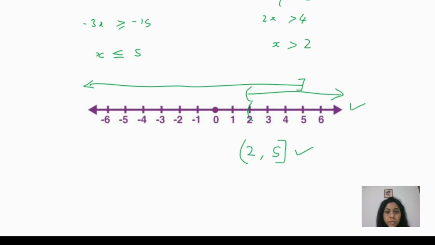We can represent it like this here, and I can change the color from 5 like this, and here 5 is included. Okay, so this is the answer.